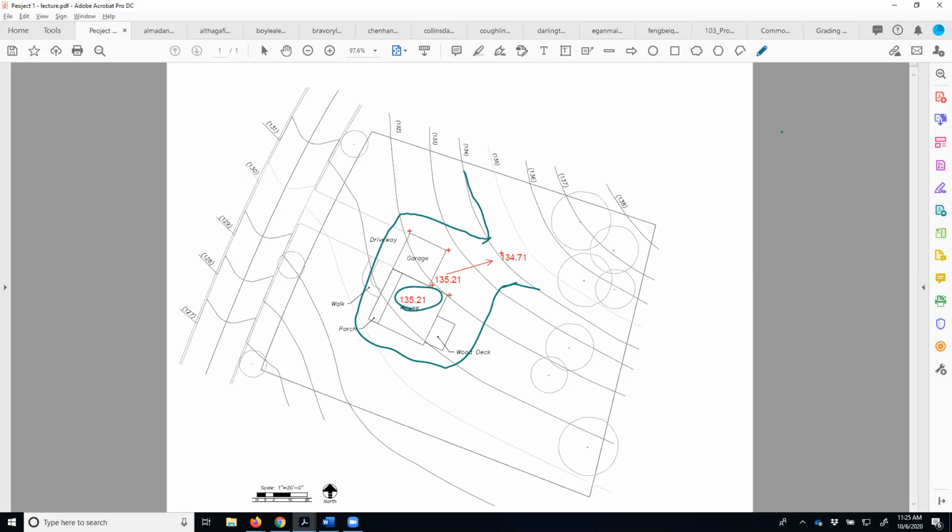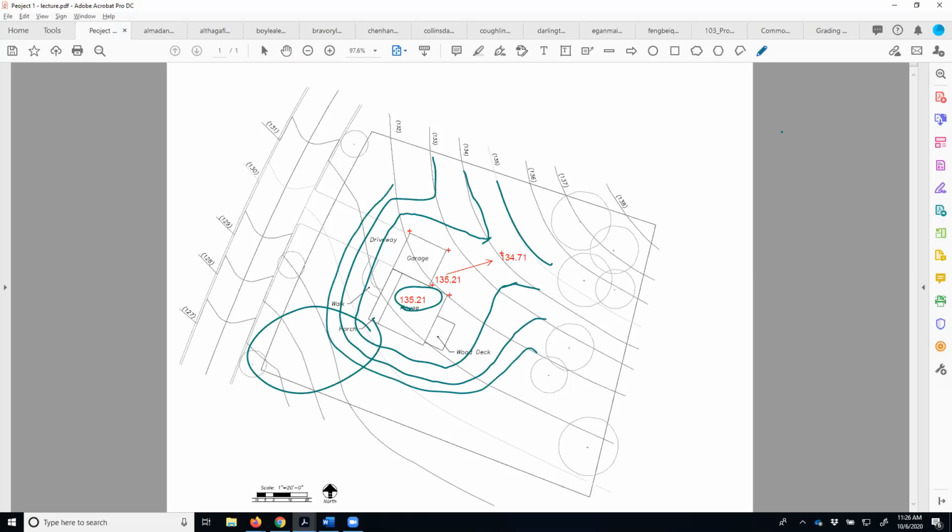Because of that elevation there being so high, we're going to run out of room down here. Right, okay. 35 is really easy, but now the 33 is going to come around. The 32 is going to come around. Now we got to get this puppy around.